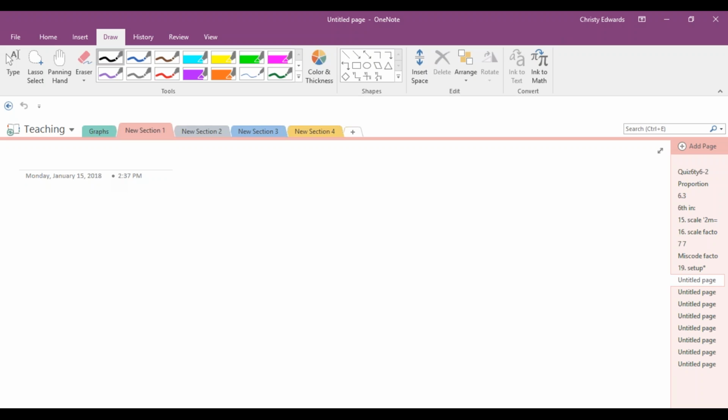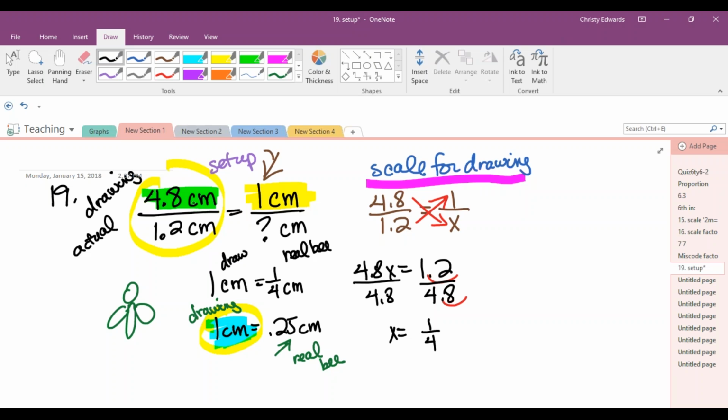Okay, 26 through 28. 4.8 is to 1.2 exactly the same as 1 is to 0.25. If I can go ahead and fill in the answer, 4-to-1.